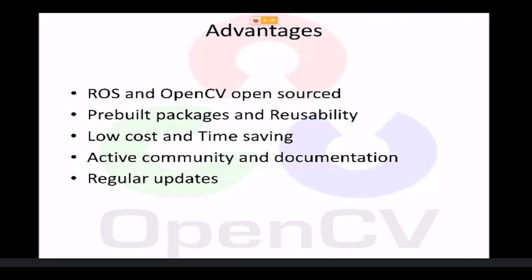So we don't need to code an operating system from the start, and we use pre-built packages of image detection and face detection. Because we do not code an operating system from the start, it results in time saving.